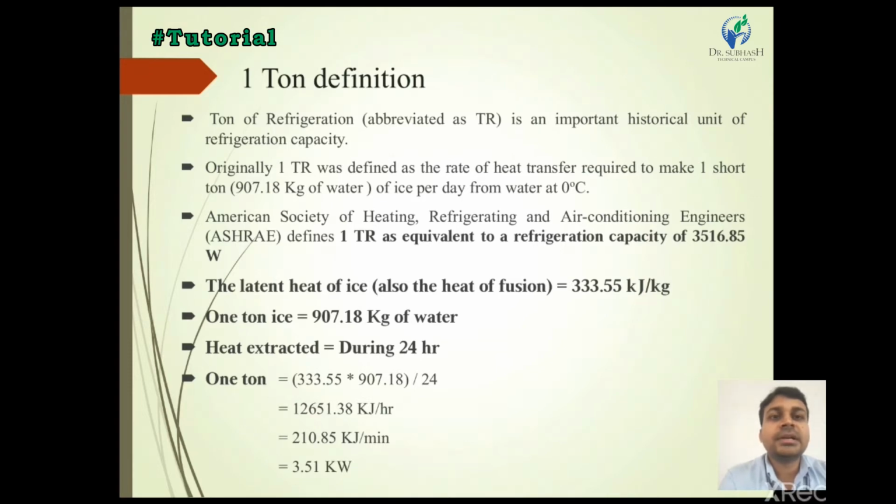0 degrees centigrade water is frozen during a 24-hour duration in a day. It converts 0 degrees centigrade liquid to 0 degrees centigrade ice, and we have to remove heat from it. That is the capacity of 1 ton of refrigeration. On the other hand, we can say that 1 ton of ice melts during a 24-hour duration, with 0 degrees centigrade ice converting into 0 degrees centigrade water during 24 hours.